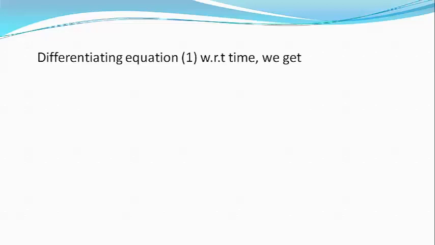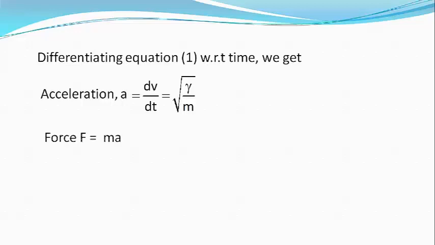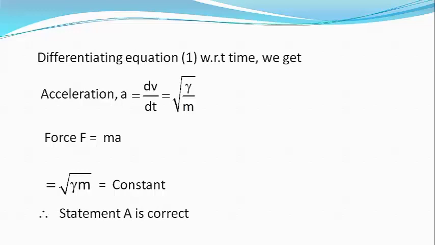Differentiating equation 1 with respect to time, we get acceleration a equals dv/dt equals root of gamma divided by m, or force F equals m into a equals root of gamma m, which is a constant. Therefore, statement A is also correct.